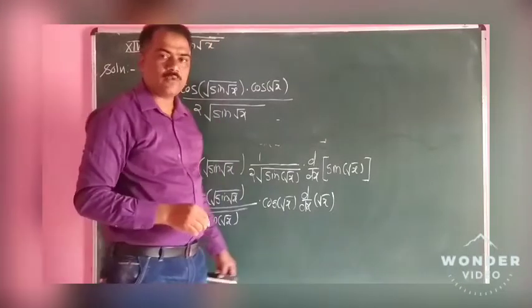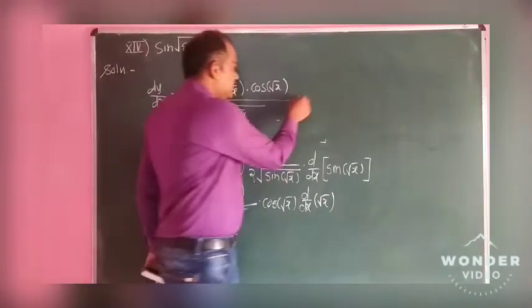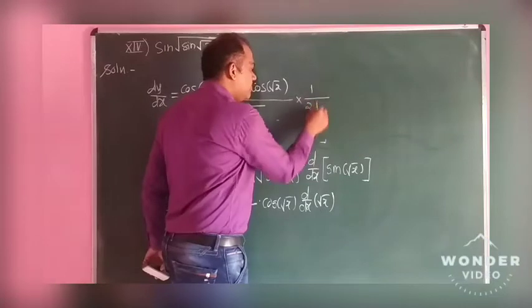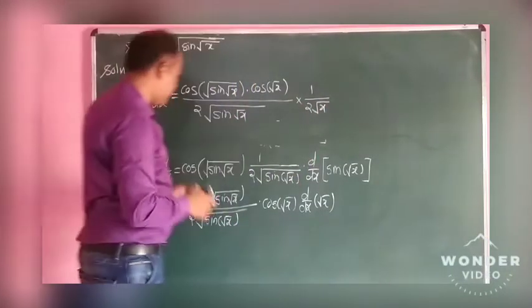What is d/dx of root x? The derivative of root x is 1 upon 2 times root x.